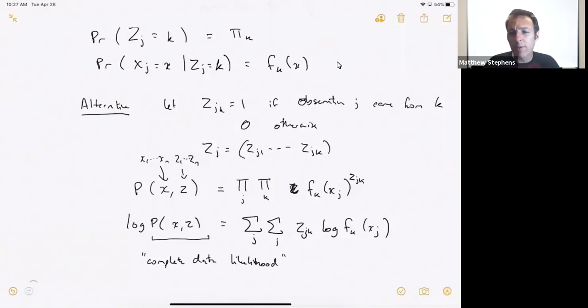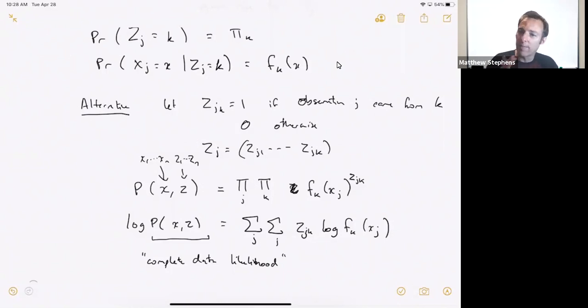So why is it called that? What's this idea of complete data? The idea is that the Z's, which remember indicate which component each observation came from, you can think of them as missing data, or unobserved anyway, but they're data that, if we knew what they were, would make inference a lot easier.